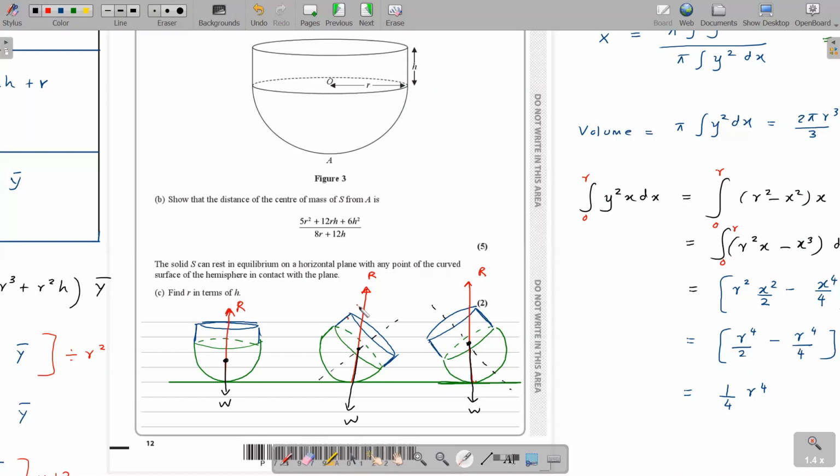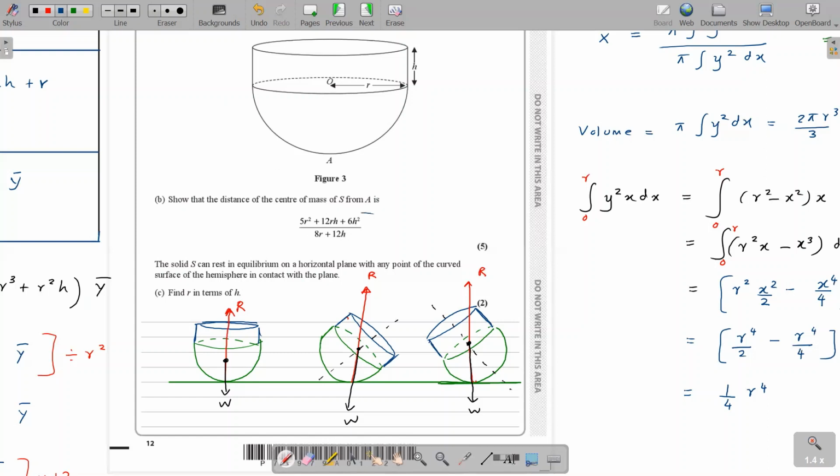So if the W and R are not aligned, it will produce a turning effect. Do you get what I'm saying? So in this case, from A to the center of mass, now you got here the center of mass of S from A, right?